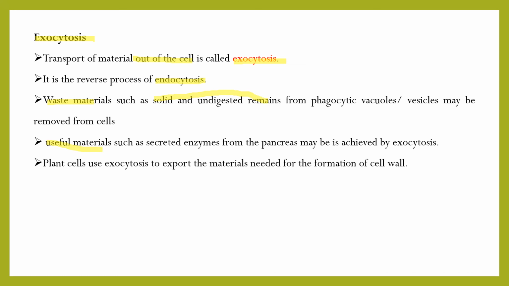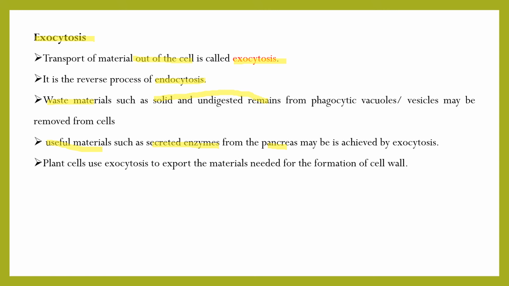Useful materials such as secretory enzymes from the pancreas, for instance, may be released by exocytosis. Meaning pancreatic cells can produce pancreatic enzymes. The function of these pancreatic enzymes is in the small intestine. Therefore, they must be transported from where they are produced to where they are functioning.